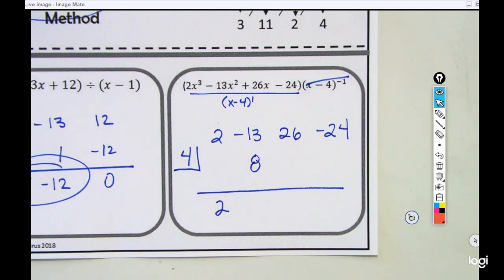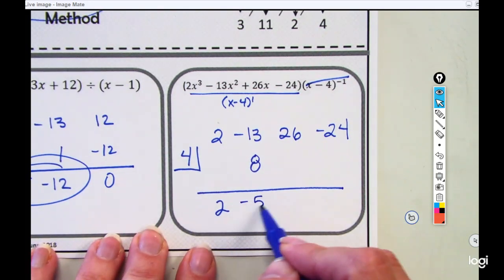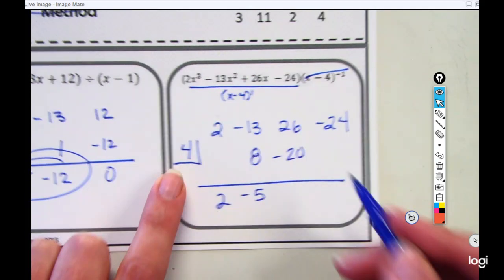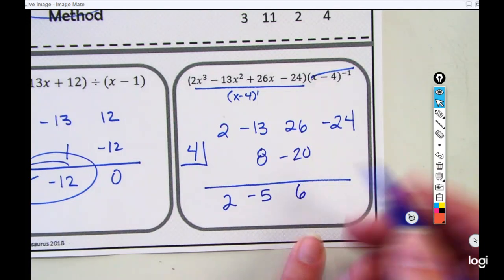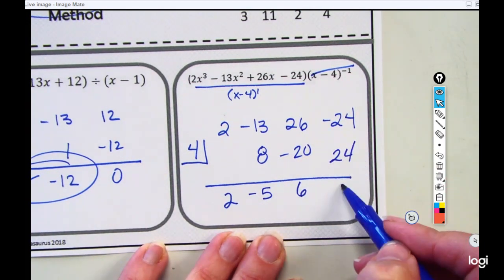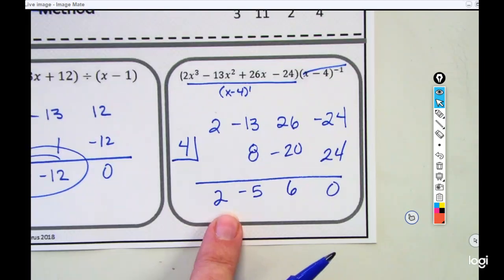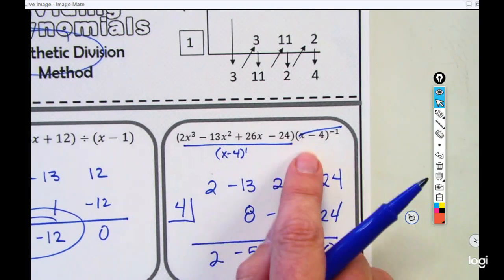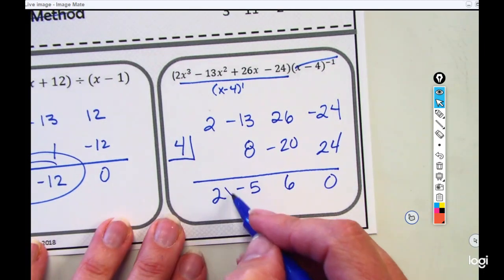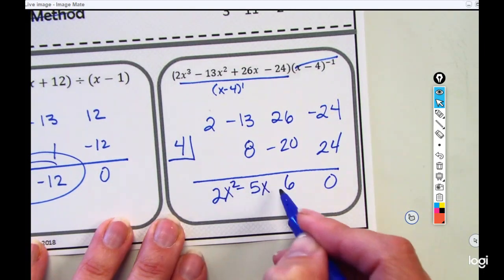Combine. Negative 5. Times. Negative 4. Combine. 6. Times. 24. Combine. 0. All right, what variable do I start with? We've got a cube divided by an x. X. So that's 2x squared minus 5x plus 6.